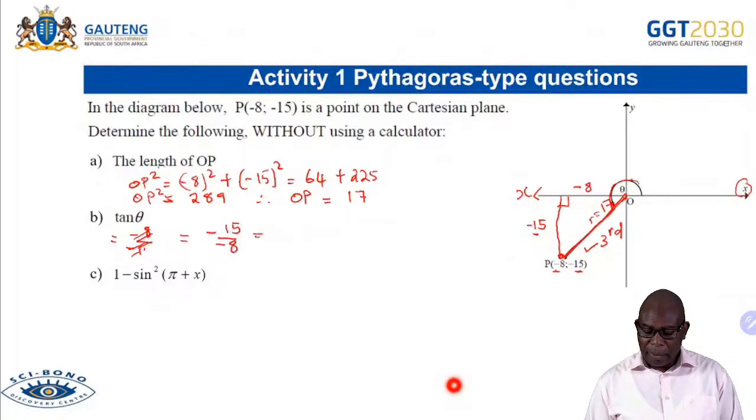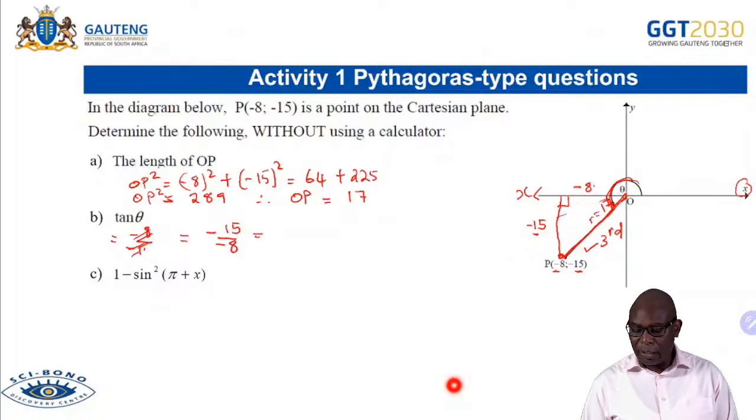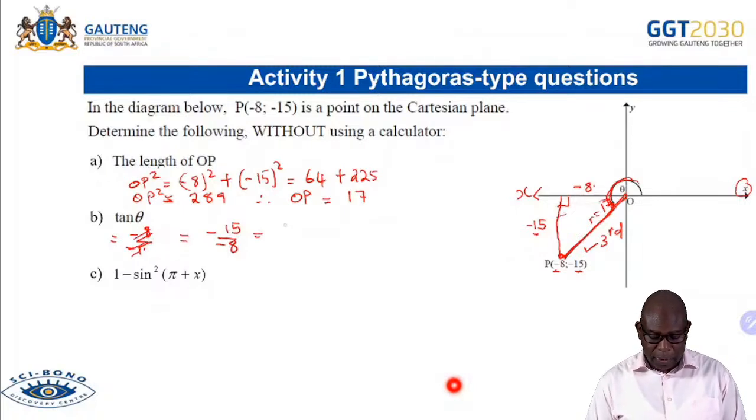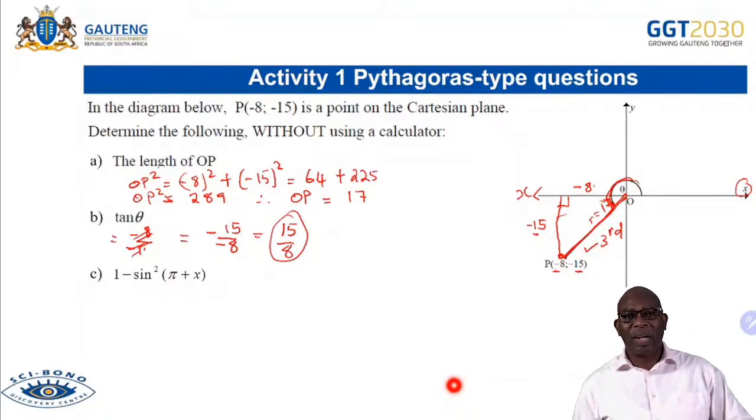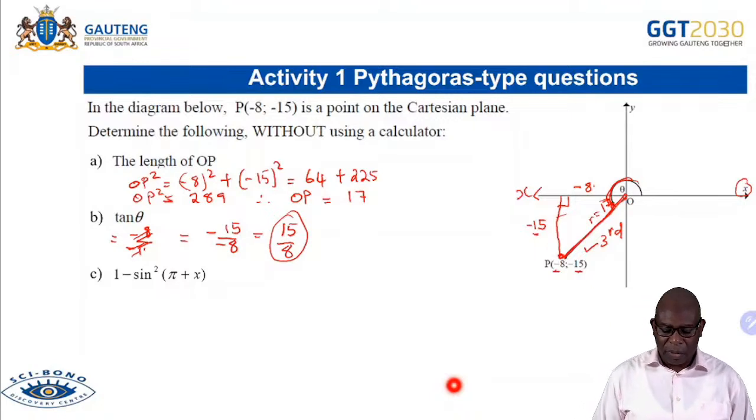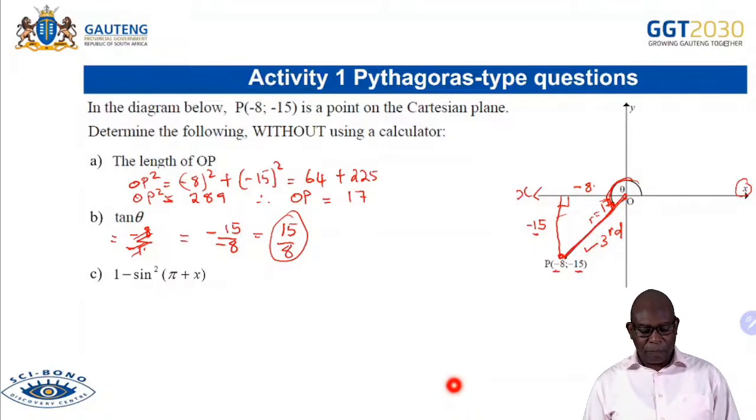Remember, the angle is there, the opposite is there, the adjacent is this one. So the answer there will be 15 over 8. Please leave your answer as fractions. Do not try to write them as decimals, okay? Just leave them as fractions, as 15/8.